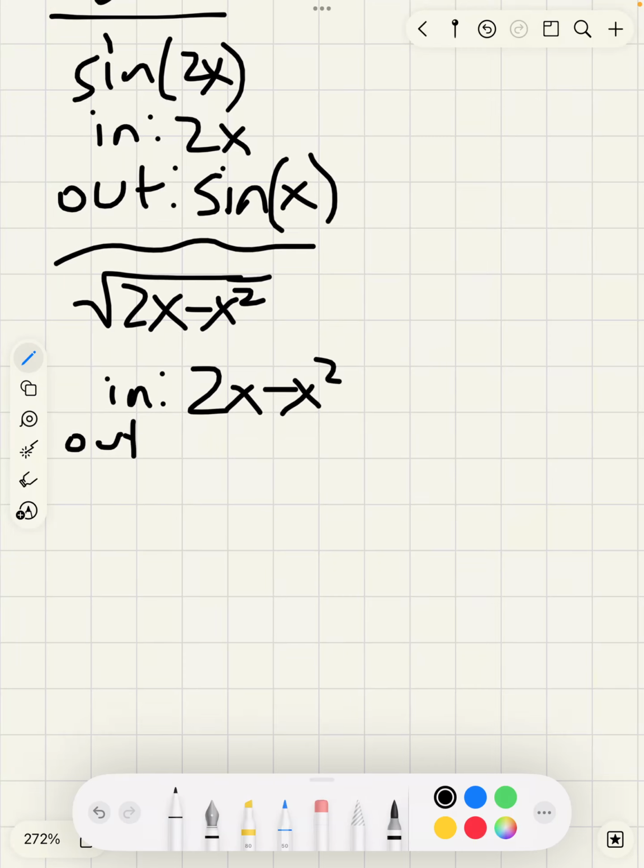The outside function, what is 2x minus x squared being plugged into? Just the square root of x. And really it might be helpful, instead of writing the x in that outside function, to instead say question mark. So let's think of it as sine of stuff and square root of stuff.